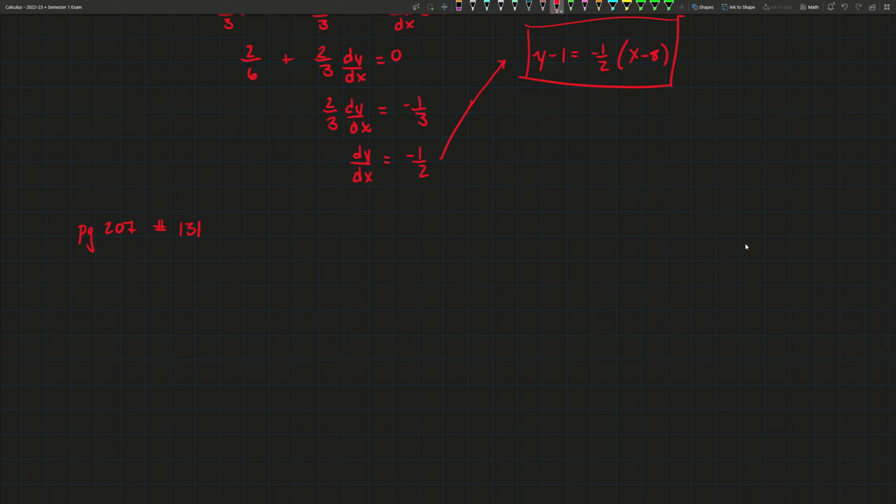Okay. All right, great. So we have an airplane flying in still air with an airspeed of 275 miles per hour. The plane is climbing at an angle of 18 degrees. Find the rate at which it's gaining altitude.